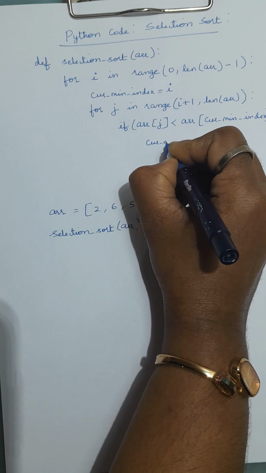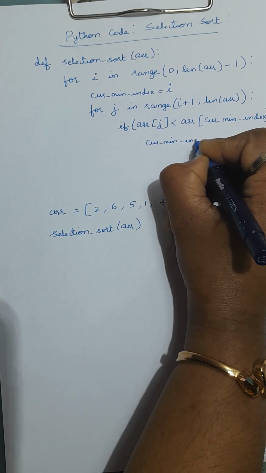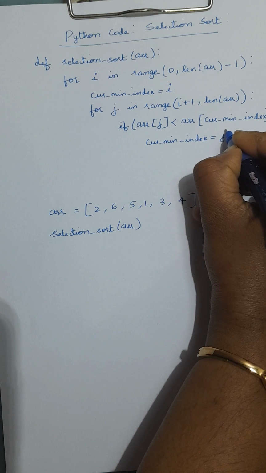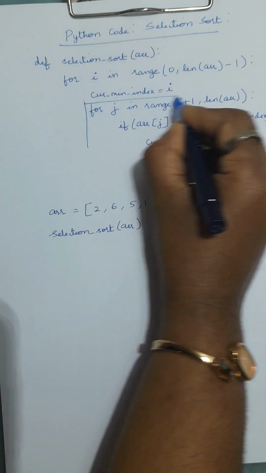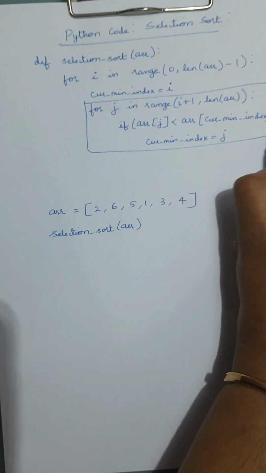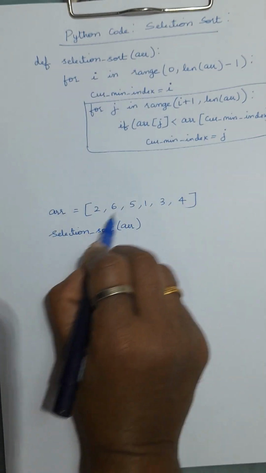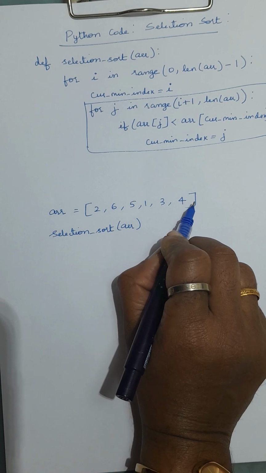So current_min_index is equal to j. So this is the innermost for loop, which actually identifies the minimum element out of all the array elements.